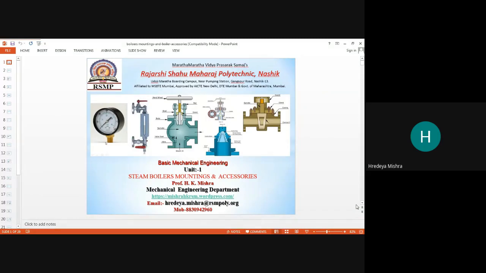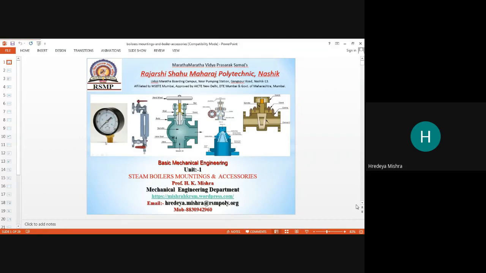Boiler mounting is necessary equipment of the boiler required to operate it. But boiler accessories are not essential components of the boiler, but they are required to increase the efficiency of the boiler.